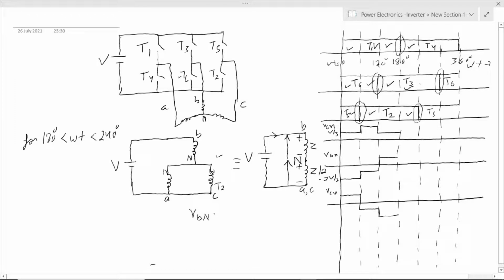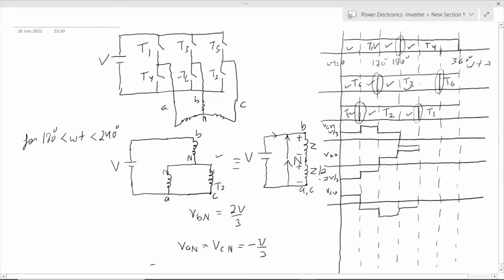Your VBN will be 2V by 3, and VAN is equal to VCN. It will be minus V by 3. Okay, now just put it in our waveform. So it will be minus V by 3. For B, it will be 2V by 3, and for C, it will be minus V by 3.